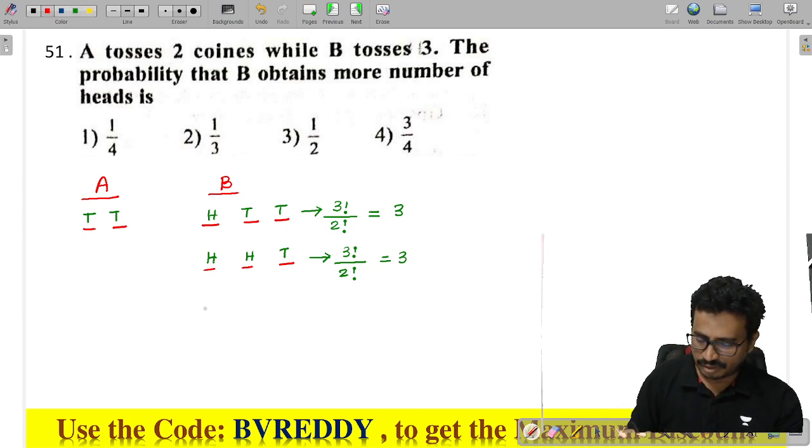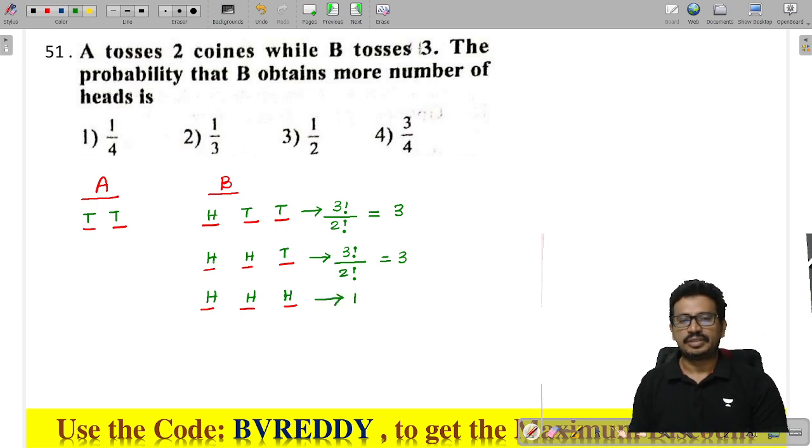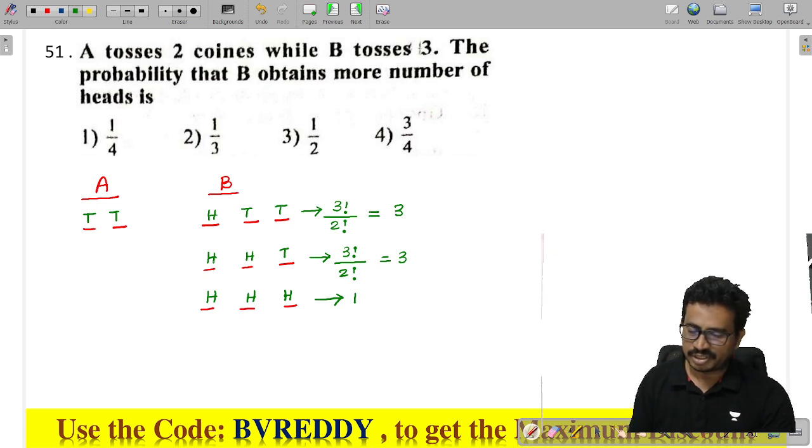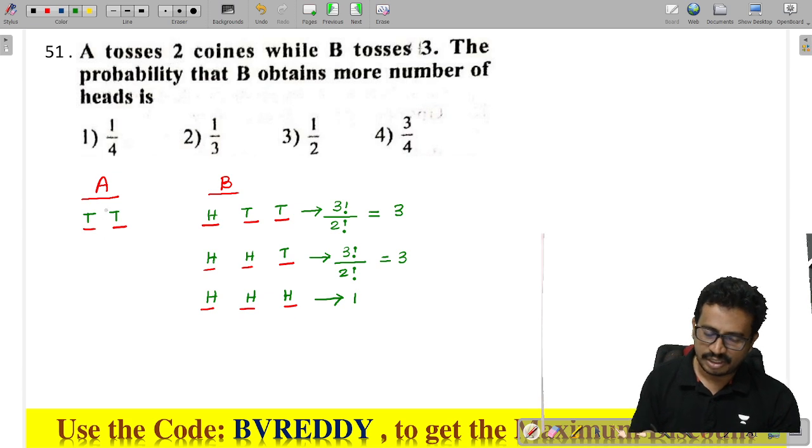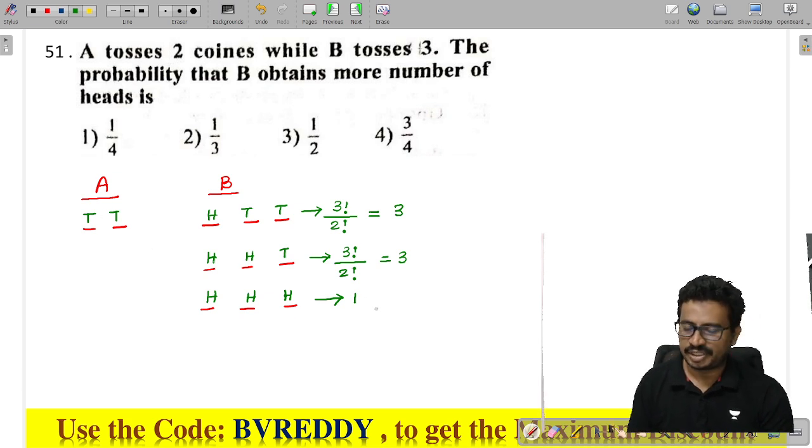Next, if B gets all heads, in this case also the above statement will be satisfied. How many ways can we do this? 1 way. So totally, in this case, A getting 2 tails and B getting more heads, we have 7 combinations.